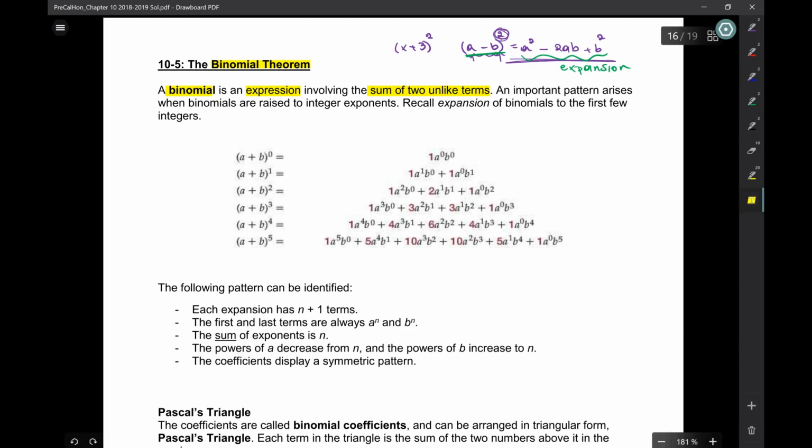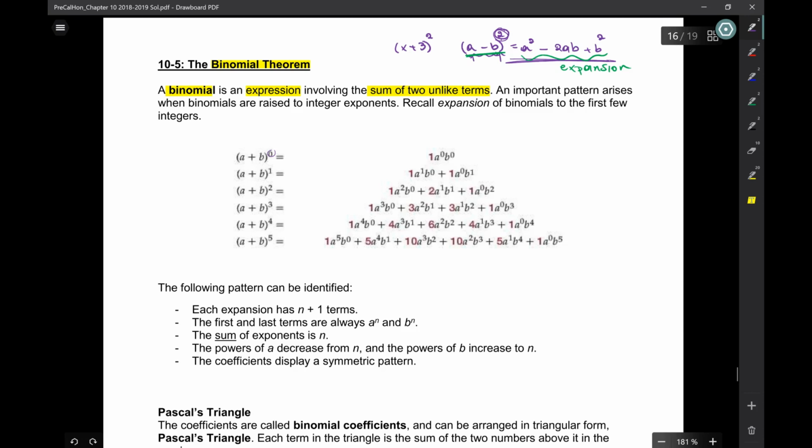All right, so let's do the pattern for a little bit, and let's see if we can figure out what's happening here. All right, so first, if you have a binomial a plus b, and if you have it raised to the smallest possible exponent, 0, well then, what is that? That's just 1 times a to the 0, b to the 0, okay?